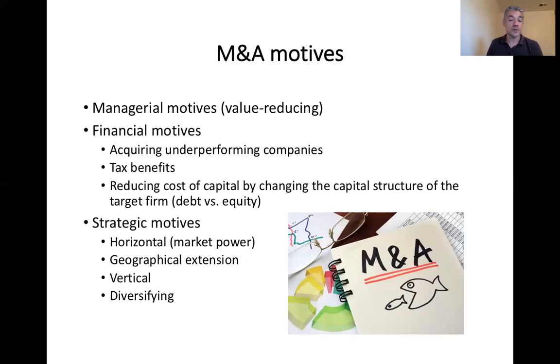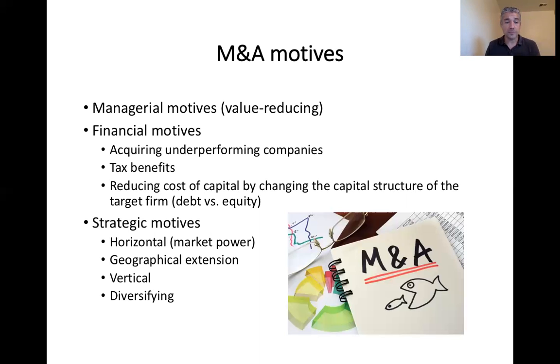Sometimes you engage in merger and acquisition for the sake of geographical extension, especially international ones, because there are all those barriers to entry. So you circumvent them by simply buying a company in a third country. You may engage in vertical integration by merger and acquisition. So you buy a supplier or you buy a buyer, and then you continue supplying other companies downstream.